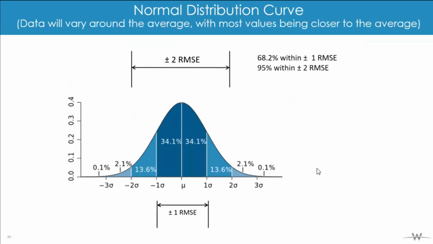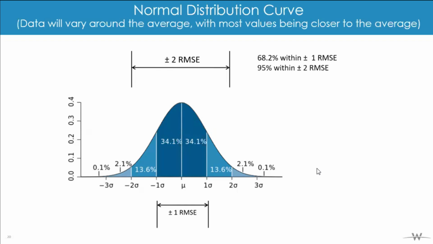And we are always dealing with the normal distribution curve, right? This is the essence of all our work when we deal with accuracy. Data always varies around the average, with most values being closer to the average. So we want that bell curve to be very narrow around the average as much as you can. You don't want it to spread the tails wide because that's where the imprecision will be.